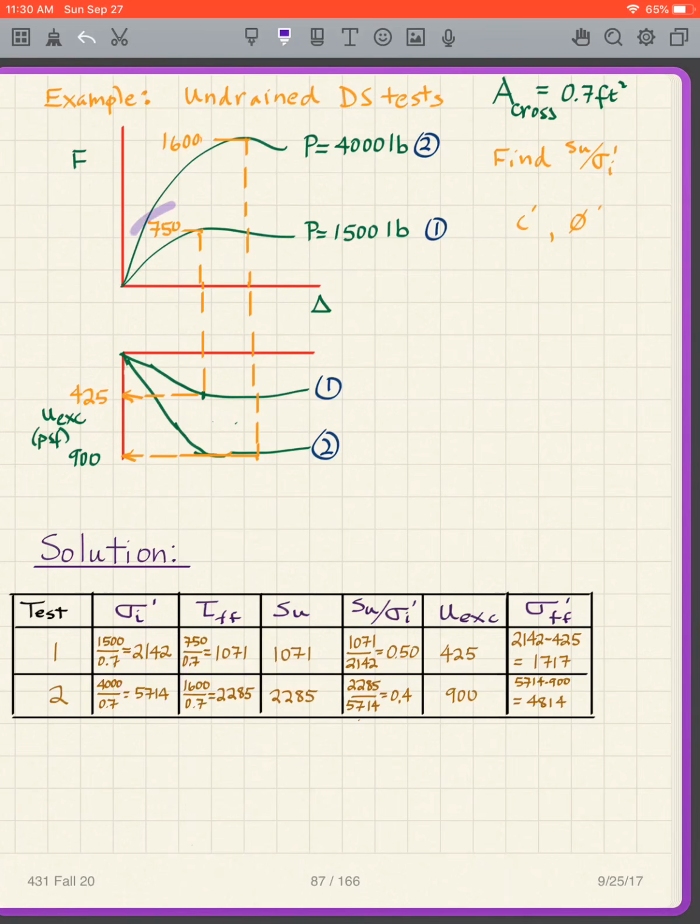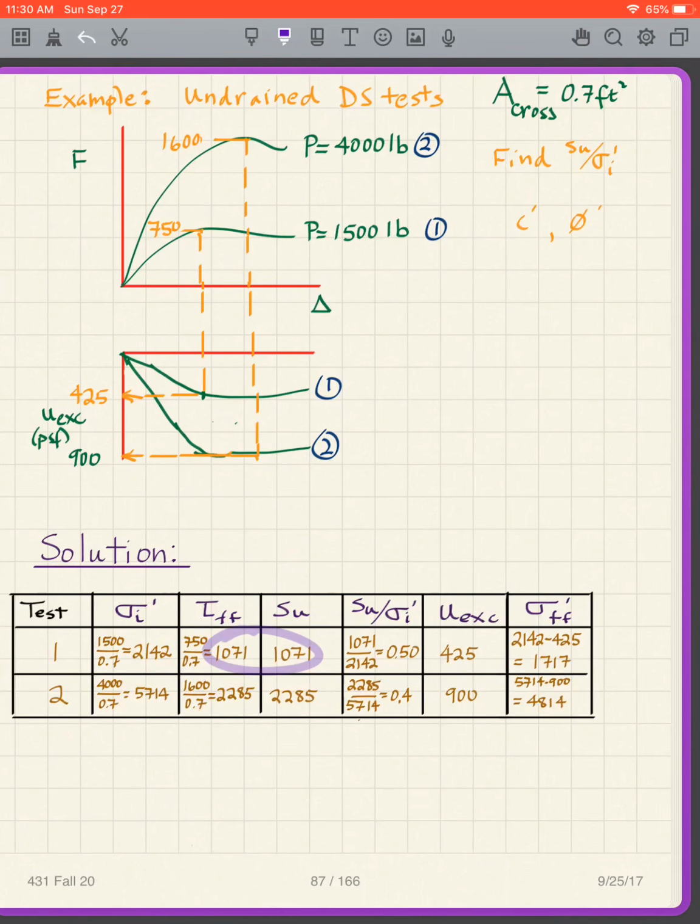Then we read off our taus: 750 and 1,600. So 750 over 0.7, 1,600 over 0.7. So we get our tau FFs. Since these are both quick tests, our SU and our tau FFs are the same.